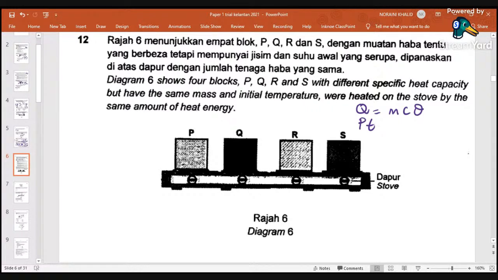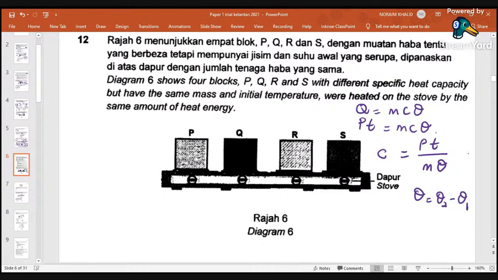Let's say heat supplied by heater, Pt equals mc theta. So the value of c equals Pt divided by m theta, where theta equals final temperature minus initial temperature, the difference between final and initial.